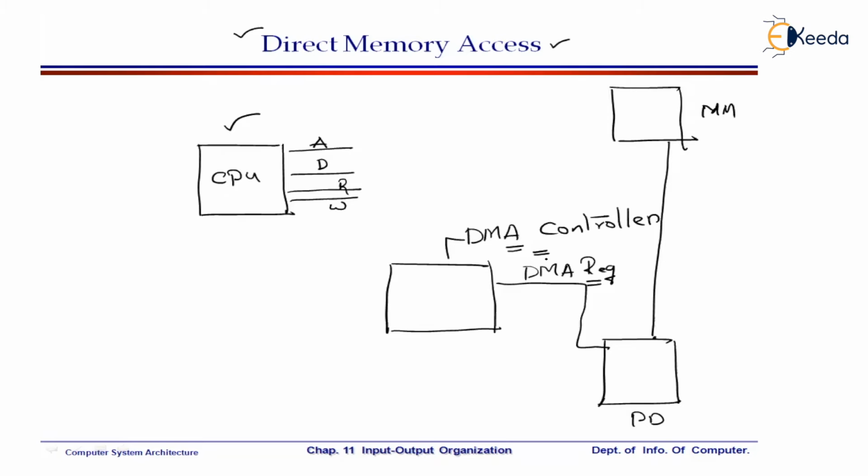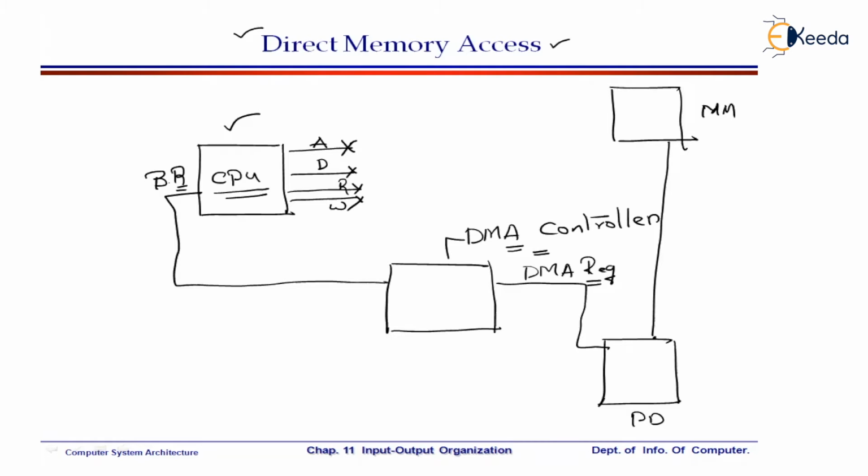The moment the DMA controller receives a request from the peripheral device, it is going to send a bus request to the CPU. This is called bus request. The moment the bus request has been received, the CPU is going to acknowledge this request by tri-stating the buses.